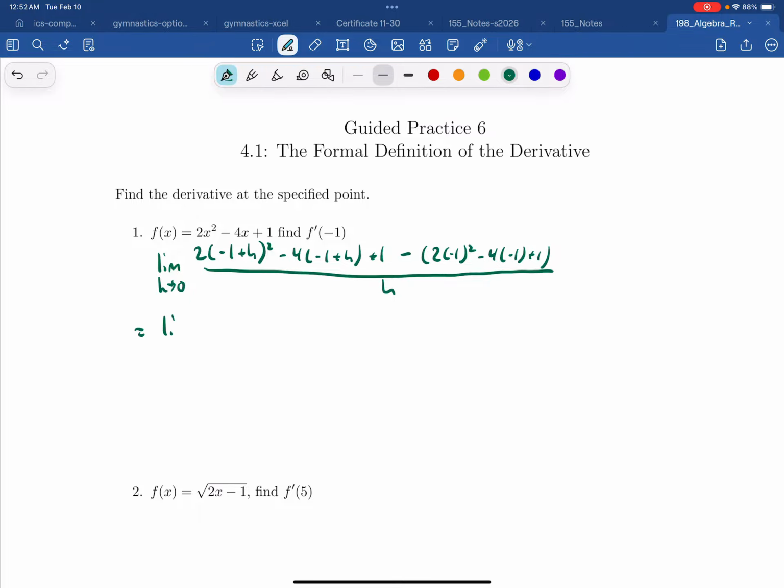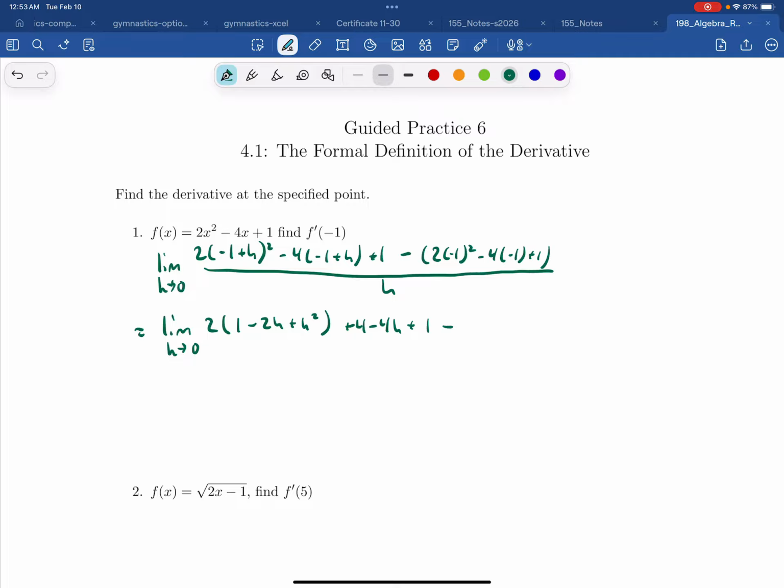Now, this takes a little bit of simplification, but all you're doing is just foiling. All right, this will become 2 plus negative 1 squared is 1. This will actually be minus 2h plus h squared. And then we have plus 4 minus 4h plus 1.